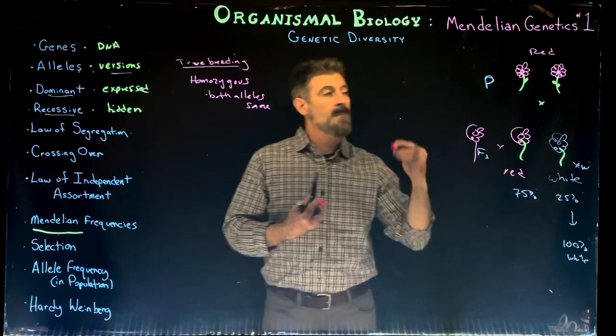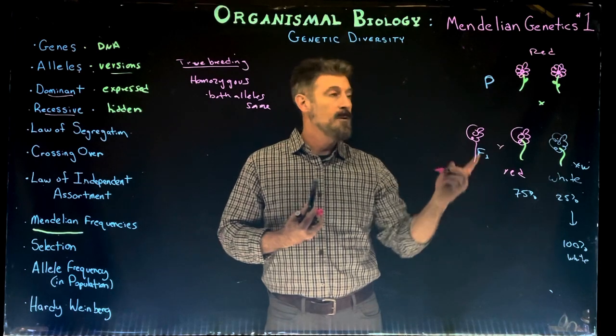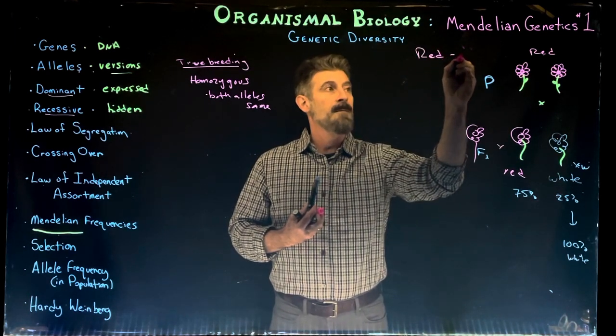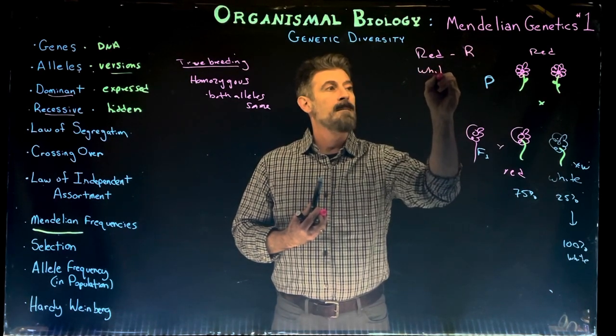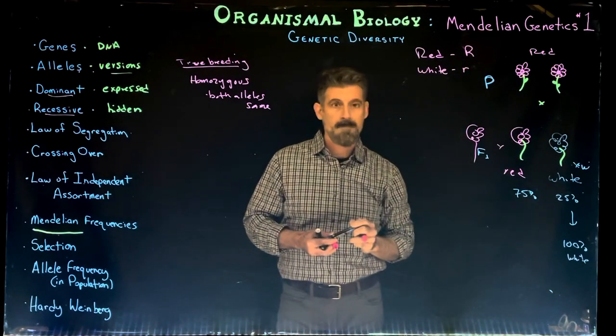So what we then need to do is start to assign some kind of notation to it. So the red, who are dominant, we're going to give a capital R, and the white, who are recessive, will have the lowercase r.